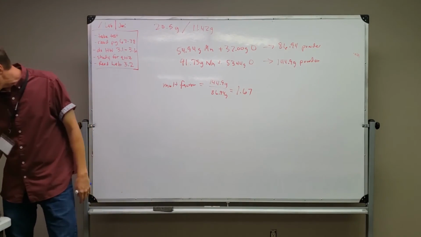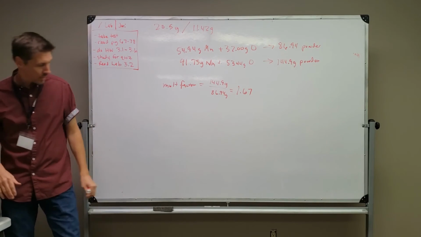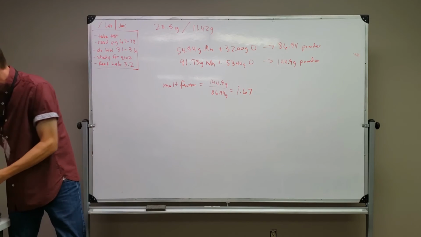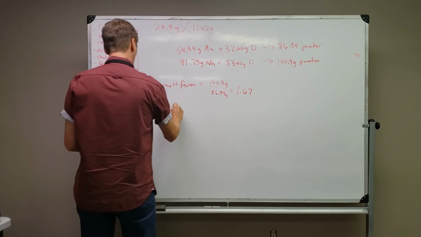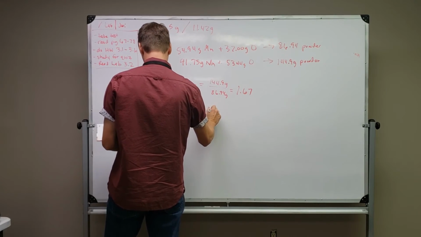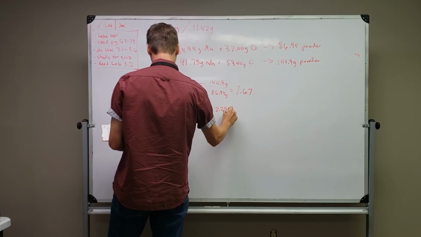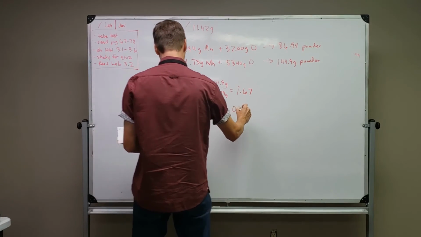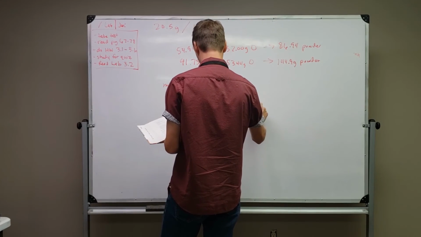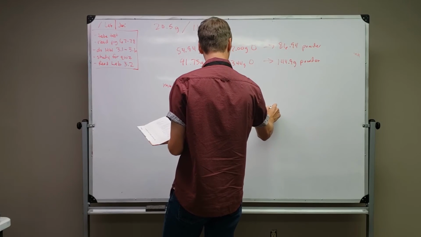And so number 8 says, in an experiment, the chemist reacts. So it gives us a new reaction, and it says he reacts 7.85 grams of manganese with 2.29 grams of oxygen to make 10.4 grams of a powder.